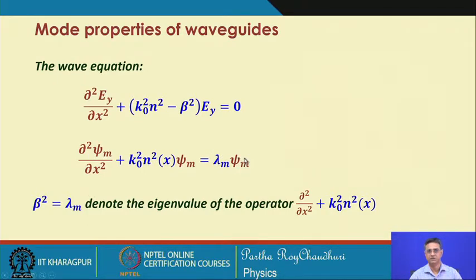So, this wave equation and eigenvalue equation will result in the eigenvalue lambda m, and so that beta square equal to lambda m denotes the eigenvalue of this operator. So, you can treat this quantity as an operator which is operating on psi m, will give psi m back with the eigenvalue lambda m.